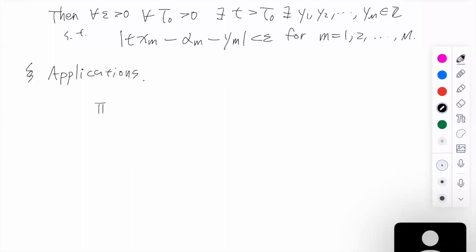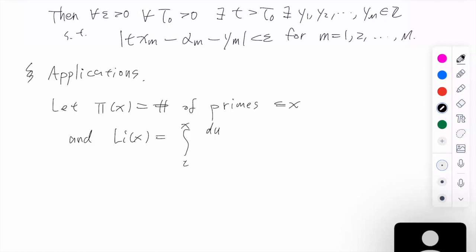Let pi of x be the number of primes less than or equal to x. And let Li of x be the integral from 2 to x of the reciprocal of log. This is known as the logarithmic integral.